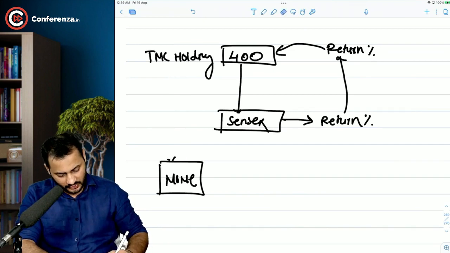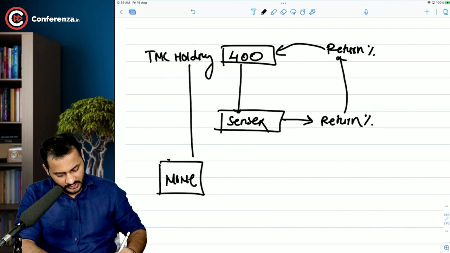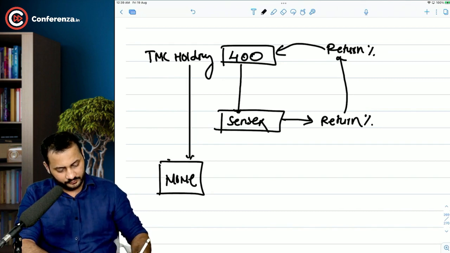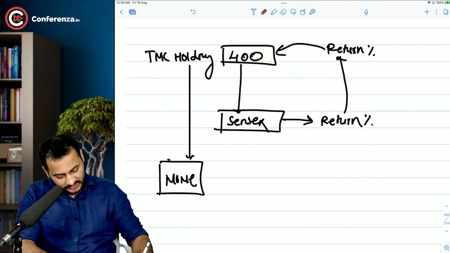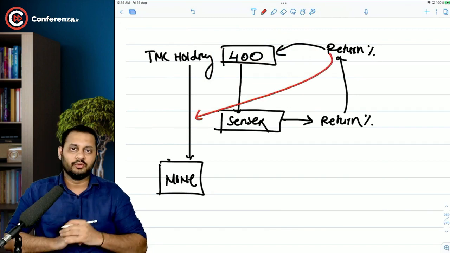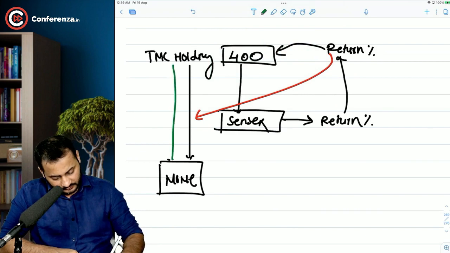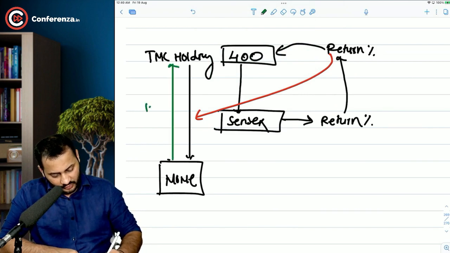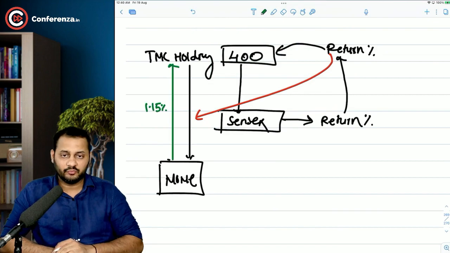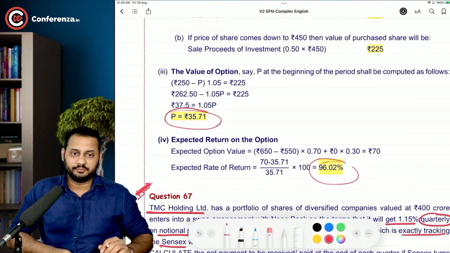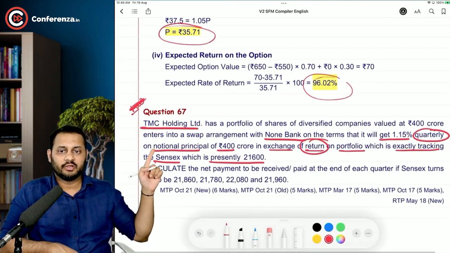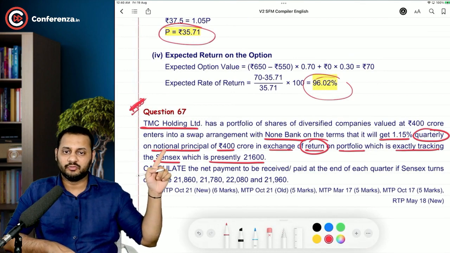I will just show you how the swap is going to work. We will pay the non-bank this return that we are earning on our portfolio, and we will receive a fixed amount of 1.15% on 400 crore quarterly. 1.15% quarterly on notional principal of 400 crore.